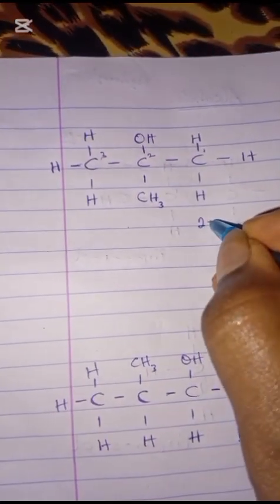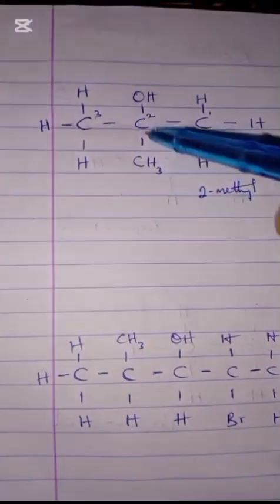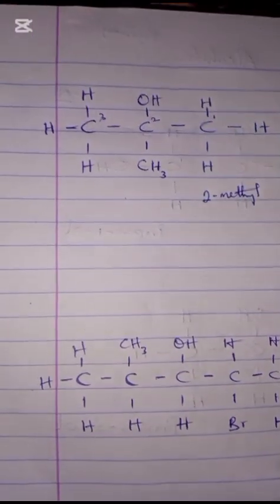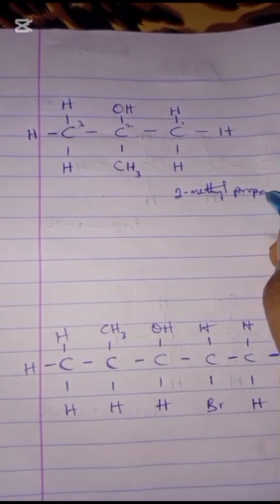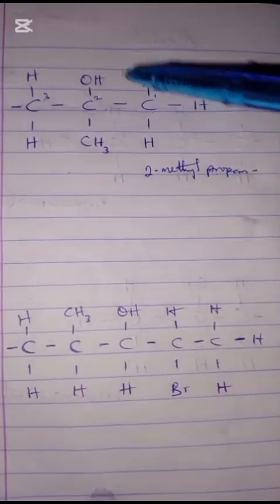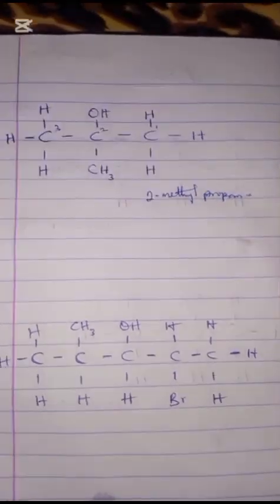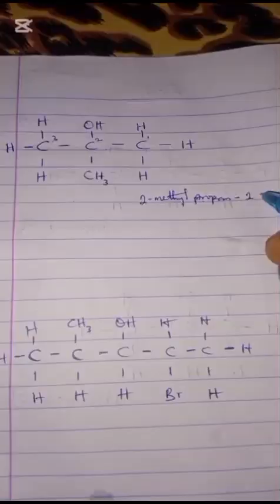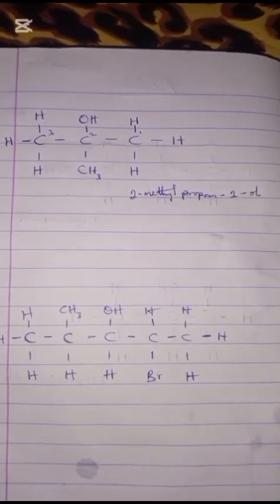So the name will become 2-methyl, that is methyl group attached to carbon 2. Then 1, 2, 3, propan. The hydroxyl group is attached to carbon 2, that will be propan-2-ol. On that note, the IUPAC nomenclature here is 2-methylpropan-2-ol.